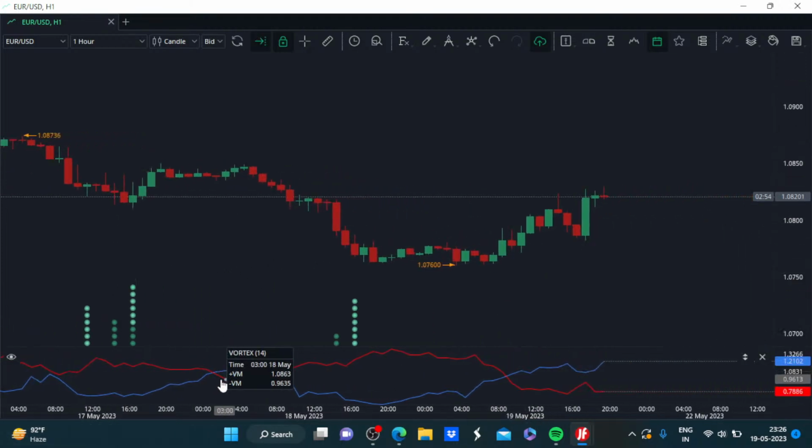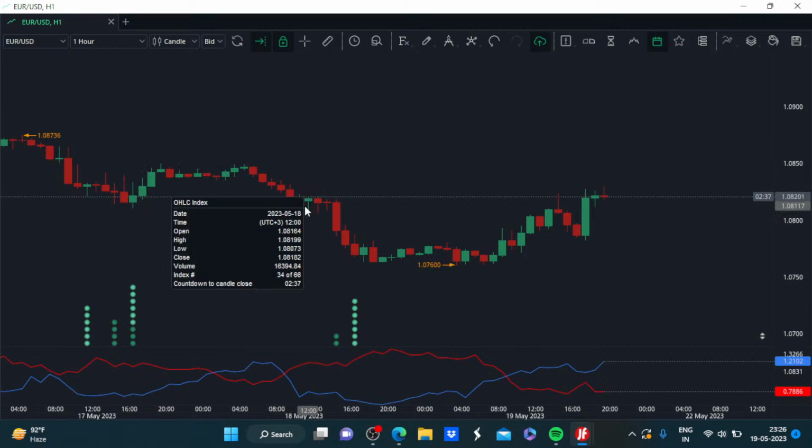And again, here we had VM plus crossing above VM minus, so you would have seen a small profit in your trade position, but then it would have evaporated, and again here the trend change would have forced you to take a short sale trade, which would have then continued for a significant amount of time, bringing in quite a good amount of money. So that is the possibility with this indicator.